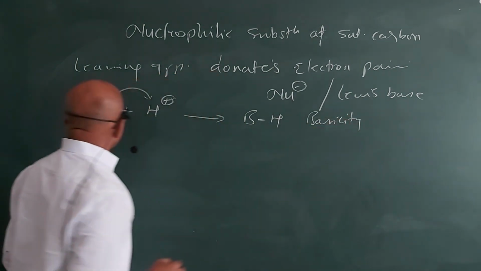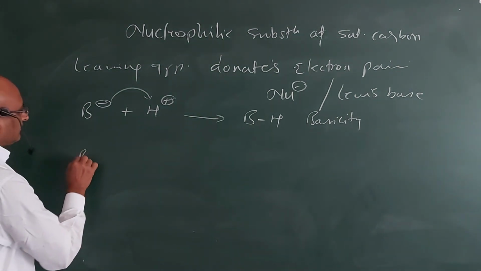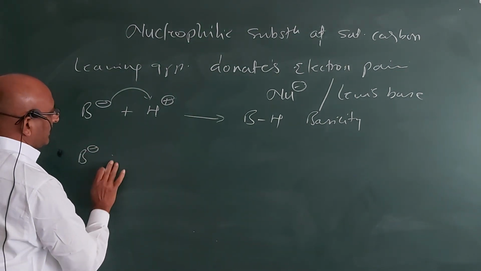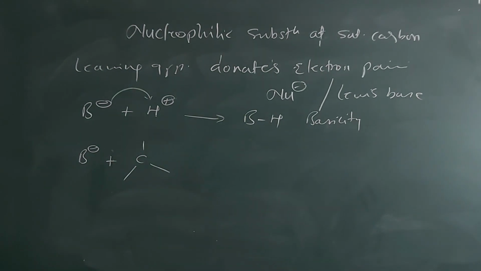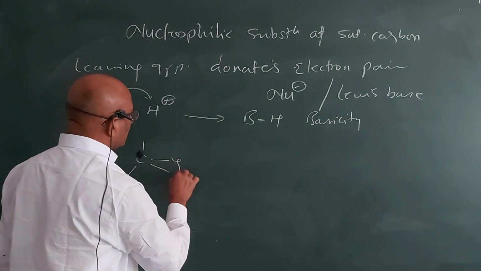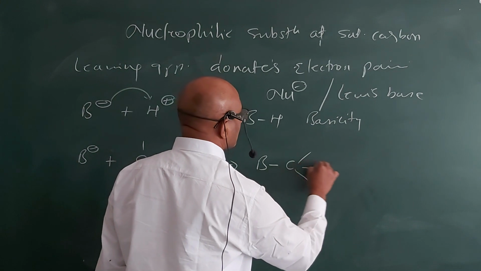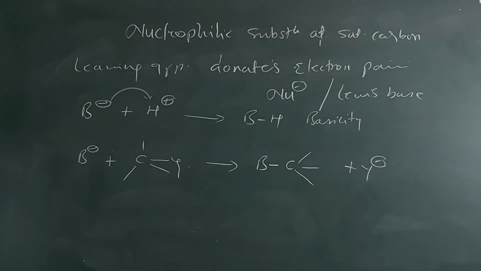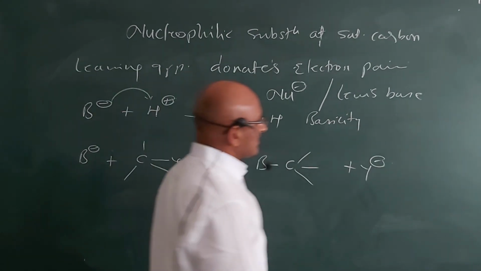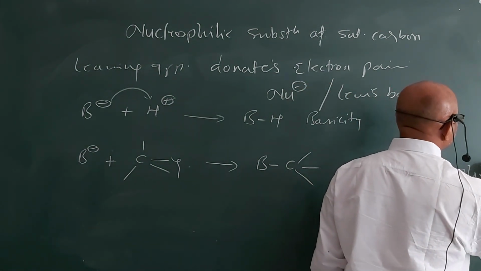And when it donates the electron pair to any atom other than a proton, and it is often carbon, then it is termed a nucleophile. And so this is nucleophilicity.